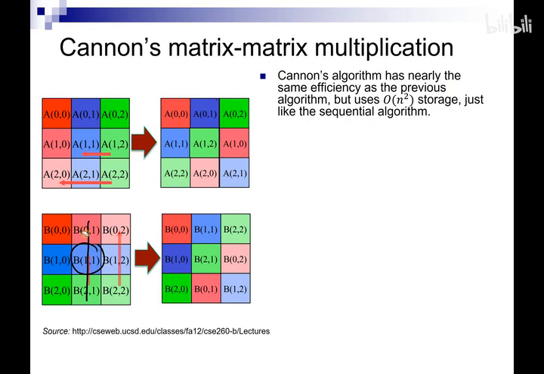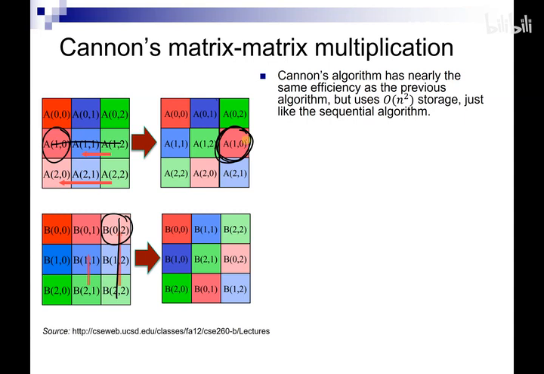If you pick any other processor, let's pick this processor, he wants to produce this output of the C matrix. To do that, he's going to have to take this row times this column. So here he's going to have to take this A10 and multiply by B02.